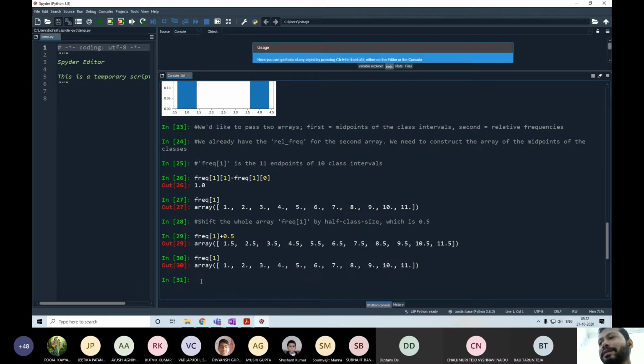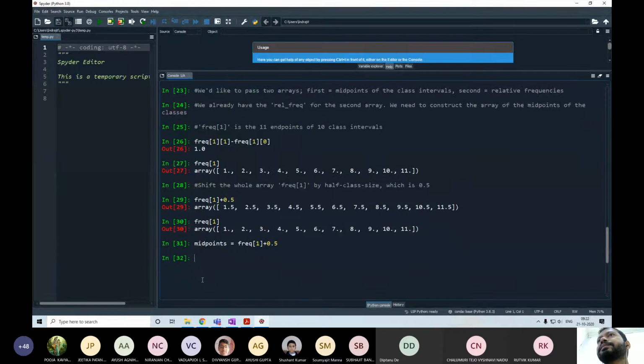So this is a standard programming technique that you want to store it in the actual frequency 1. Actually, you know what? Let me call it a different variable. So let's call that midpoints, all right? Midpoints are frequency 1 plus 0.5. Okay.